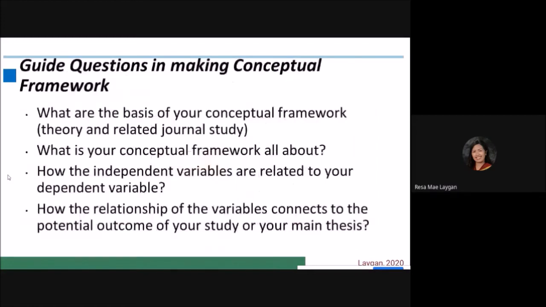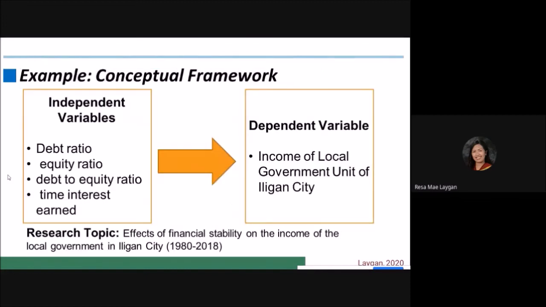Another, aside from what your conceptual framework is all about, you are going to describe the whole framework, and next you are going to answer how the independent variables are related to your dependent variables. So see, there is a relationship between my independent variables and my dependent variable.